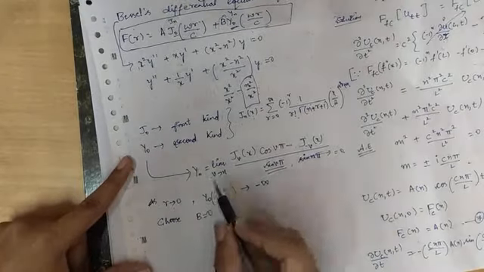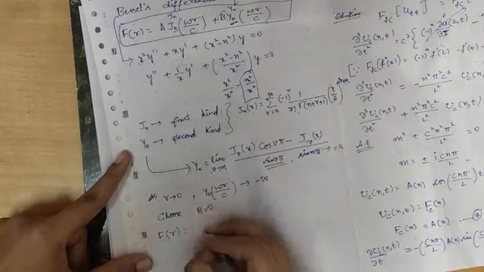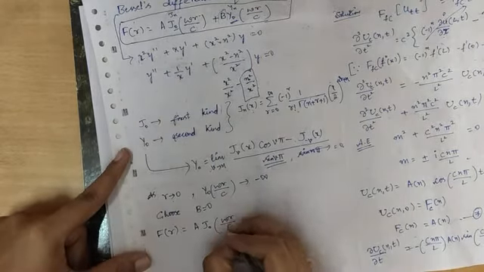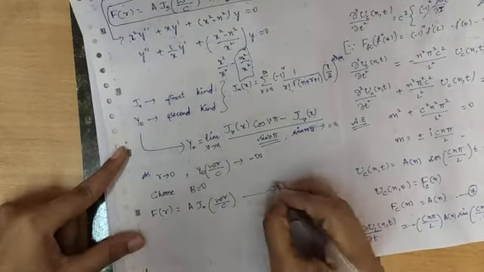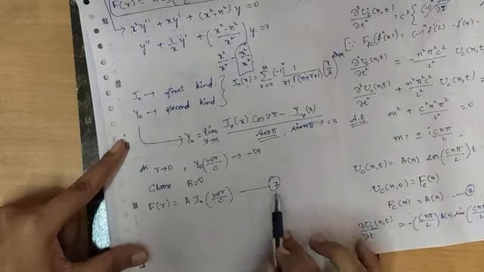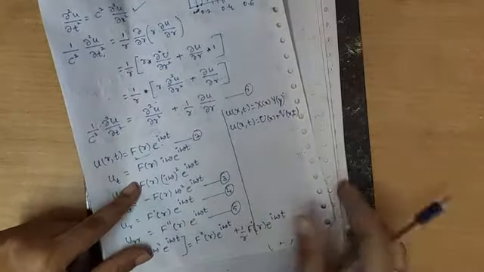If you choose b equal to 0, your solution will be f of r is equal to A J naught of omega r by c. This is your equation number 7. Now substitute equation number 7 in equation number 2 for f of r.